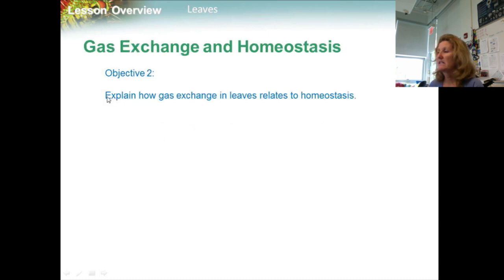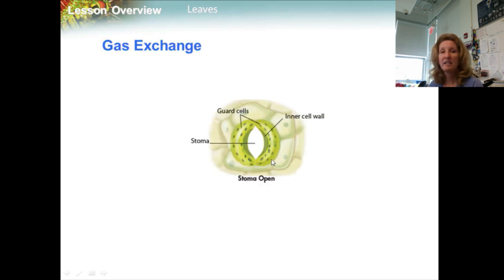Next objective is to explain how gas exchange in leaves relates to homeostasis. Leaves take in carbon dioxide and give off oxygen during photosynthesis. When plant cells use the food they make, the cells respire, taking in oxygen and giving off carbon dioxide. Plant leaves allow a gas exchange between air spaces in the spongy mesophyll and the exterior by opening their stomata.